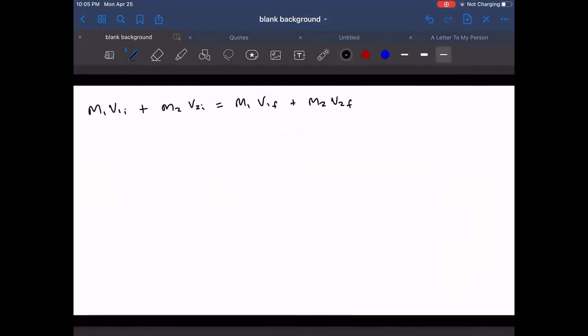And then solve for VF. That's 0. Okay, so you just isolate the two. Yes, exactly.